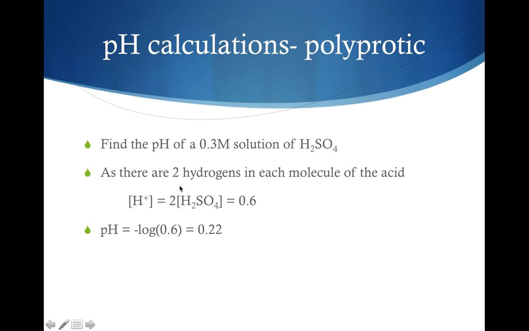We're just going to assume that if we've got a 0.3 molar solution, we've got 2 hydrogen ions in there that could be donated. So the hydrogen ion concentration is double that. So 0.3 times 2, which is 0.6. We then log this 0.6, because that's our hydrogen ion concentration. Negative that, and we get a pH of 0.22.